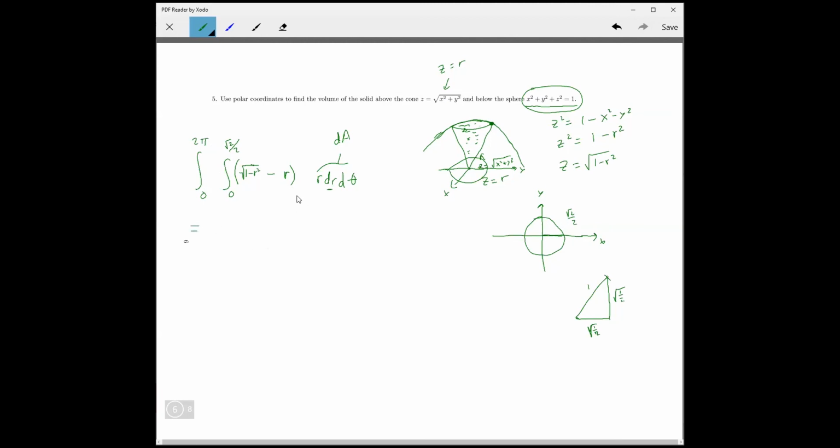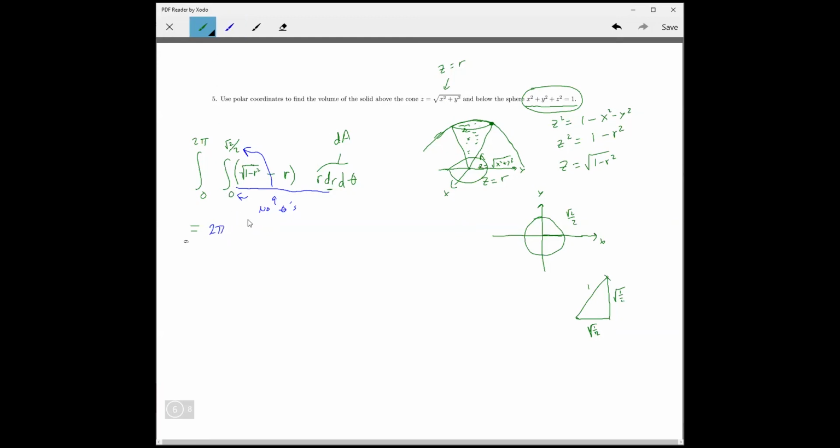Now here's a trick you can use. Notice that there are no thetas in the integrand, and no thetas in the limits either. So you evaluate the inner integral and it completely resolves to a number, and then you integrate that number from 0 to 2 pi, which just gives 2 pi.